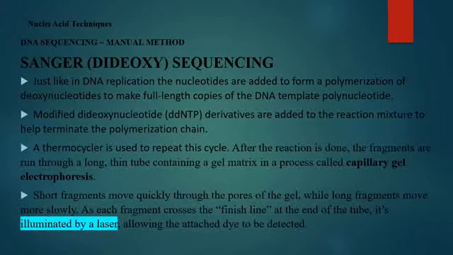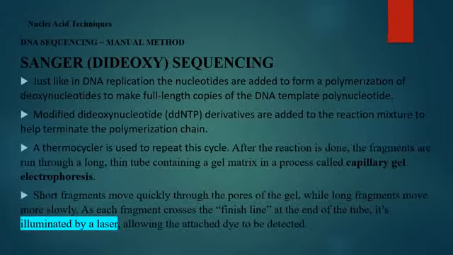Now short fragments move quickly through the gel, while long fragments move slowly. And if you've done electrophoresis, you know that mass is key to the movement of particles, mass and charge. But in this case, mass is key. So the very light or the less heavy ones move through quickly, while the heavier ones or the longer fragments move slowly through it.